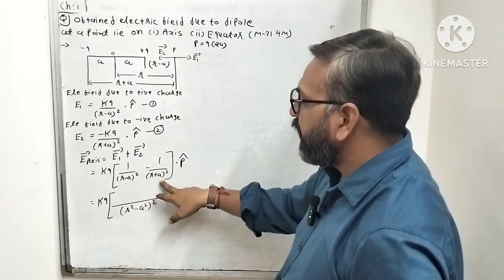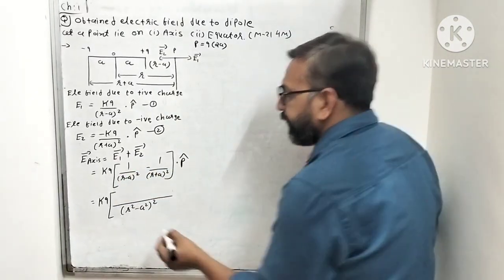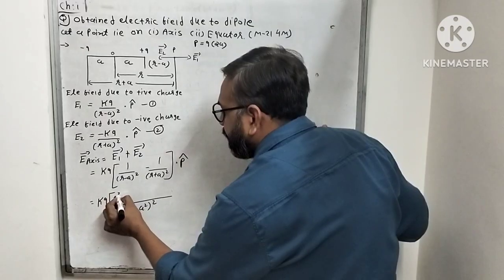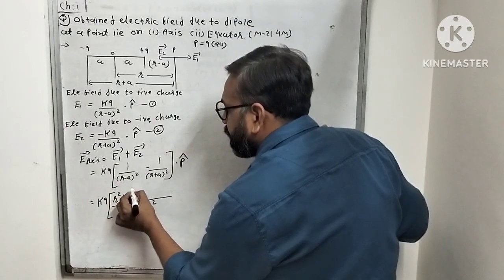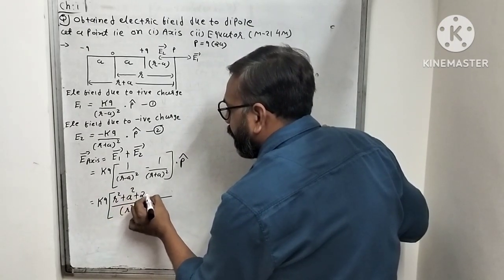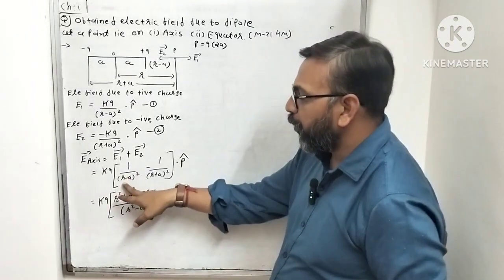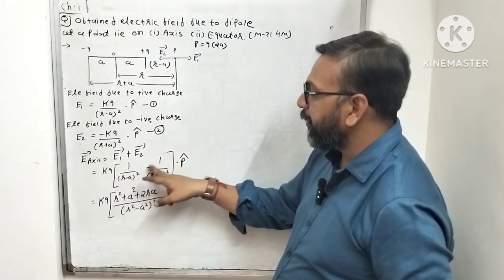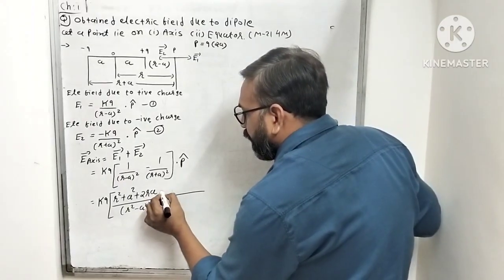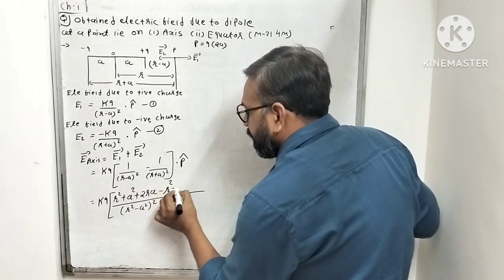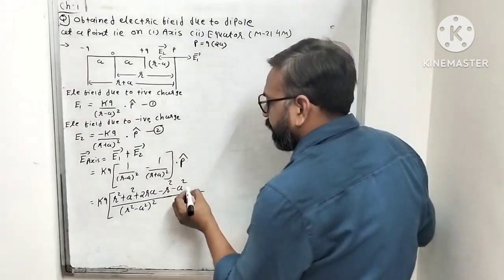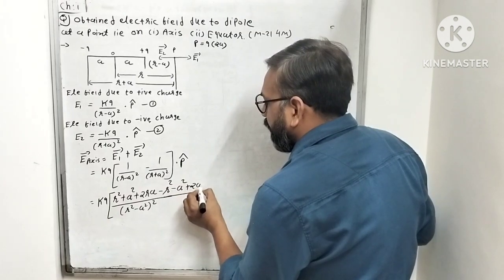Here we open this bracket and multiply with 1: first term square, second term square, 2 into first into second term. Similarly, we open the bracket and multiply with minus 1: first term square, second term square, 2 into first into second term.